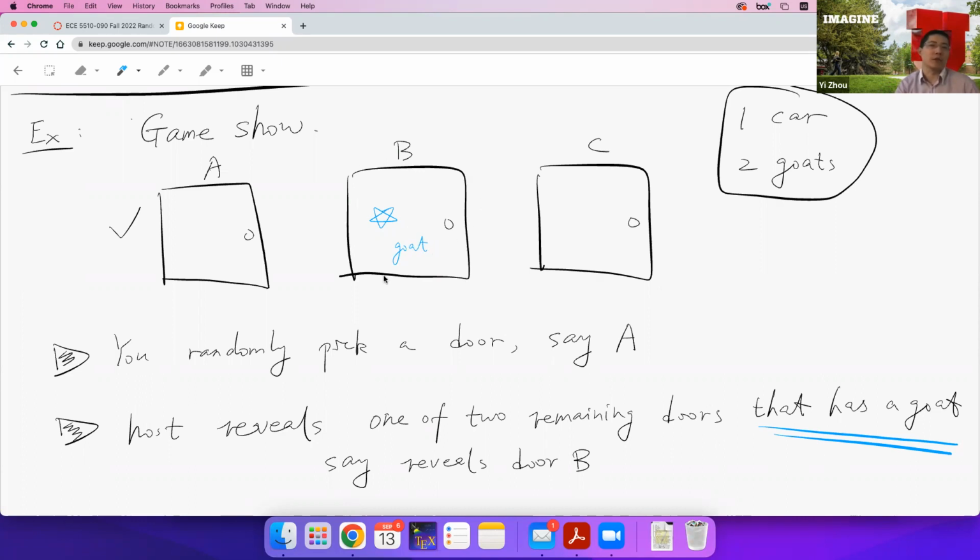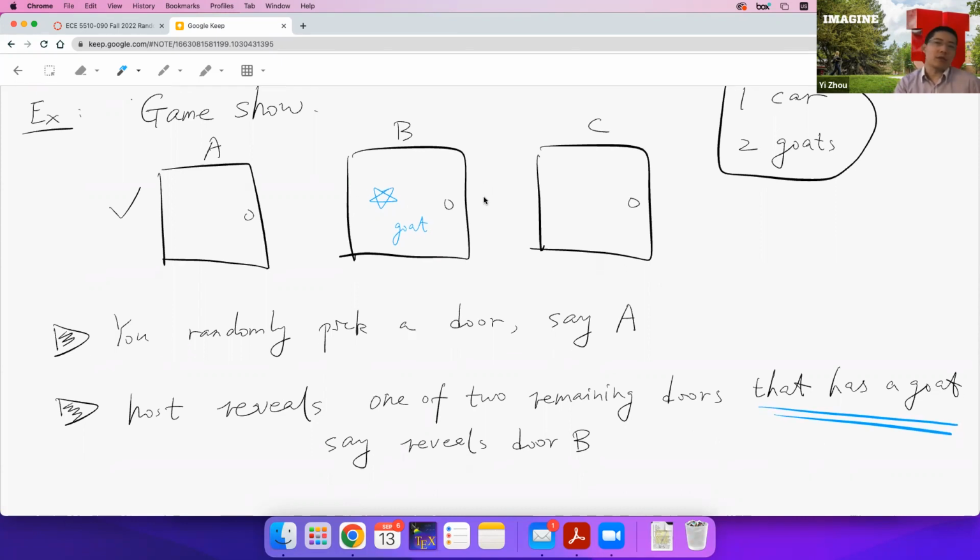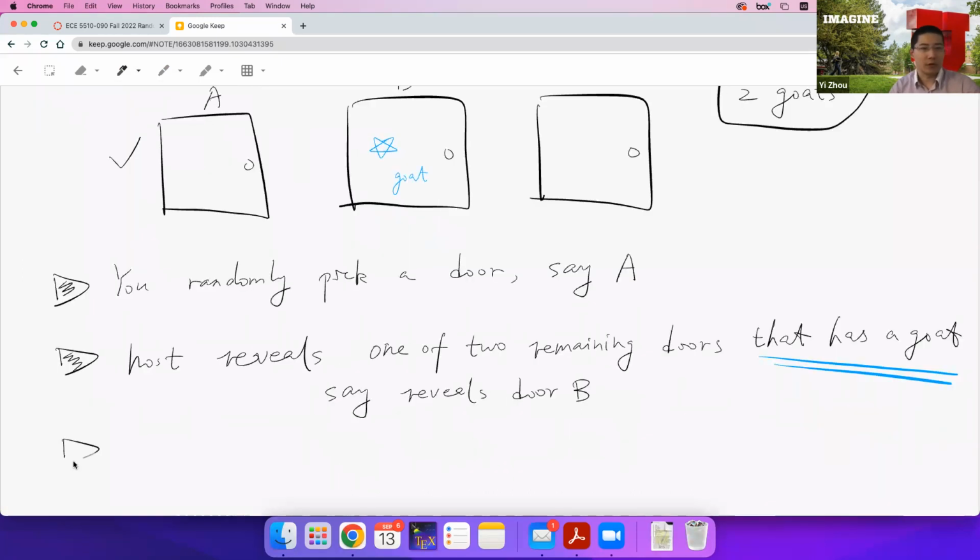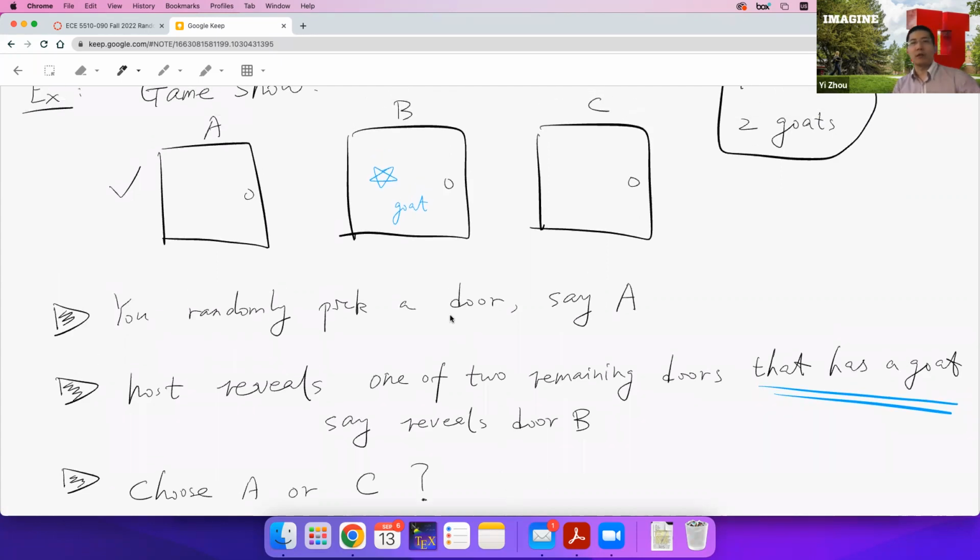So this is given information to you. Now you know that this door has a goat behind it, so you will never pick it. In the final step, the host allows you to change your selection. Now you picked door A and the host revealed door B with a goat.